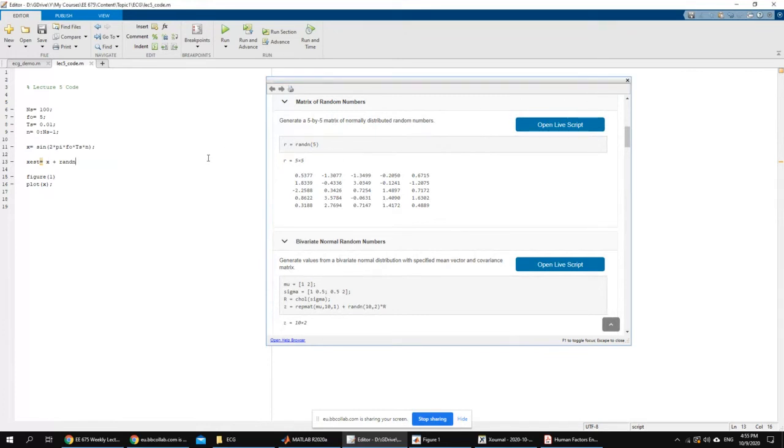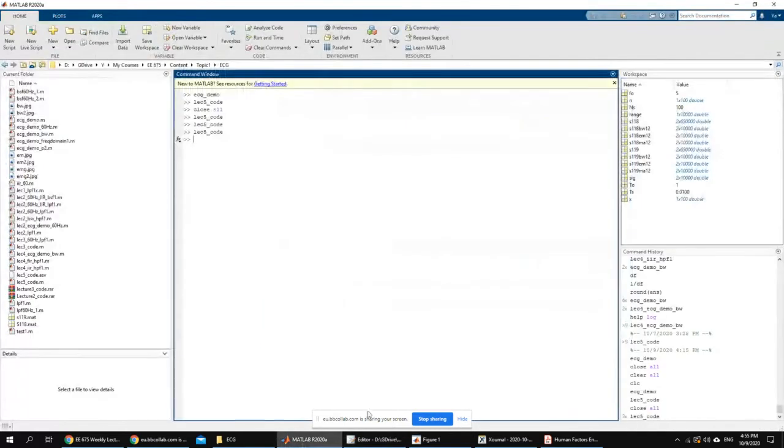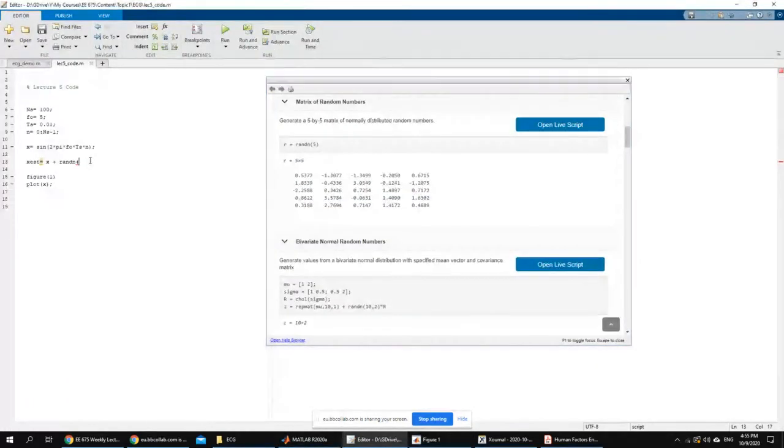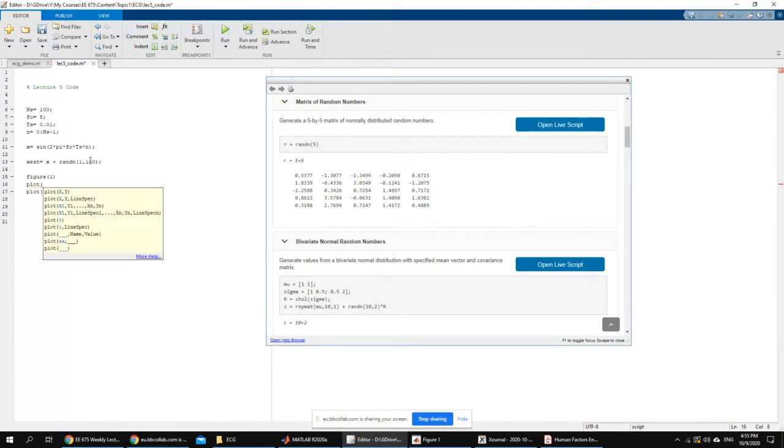Let's just try it. I'm just going to add it here. I want to make sure first that the size of the signal is 1 by 100. So it's 100. Let's try to see it. I can plot the two together, because the noise actually has a wider range.